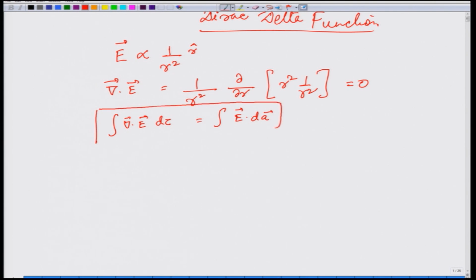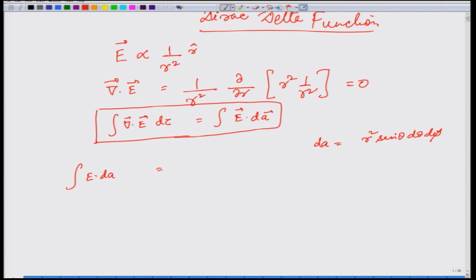We know this. So if we calculate E dot dA in spherical polar coordinates, we know that our E varies as 1 by r square and our dA will be radially outwards. This will be r square sin theta d theta d phi.